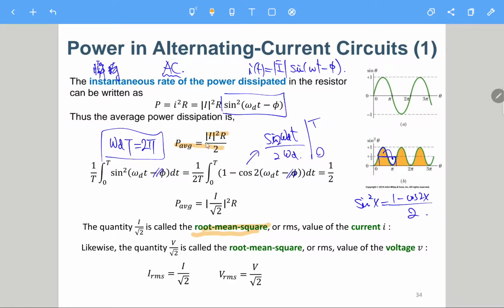If we just take the absolute value, it is the amplitude.